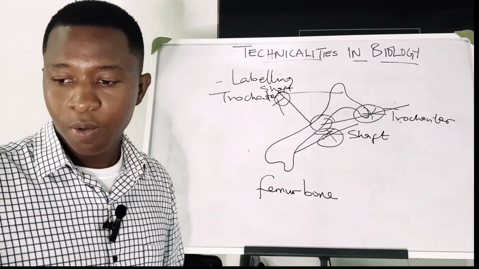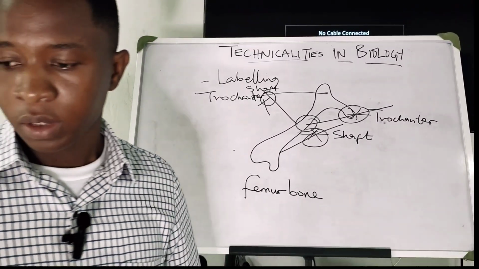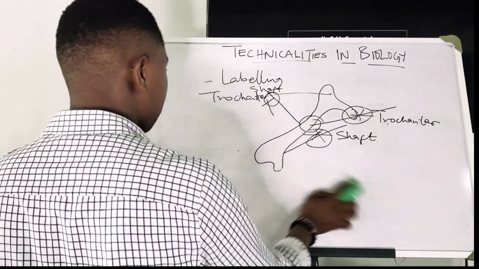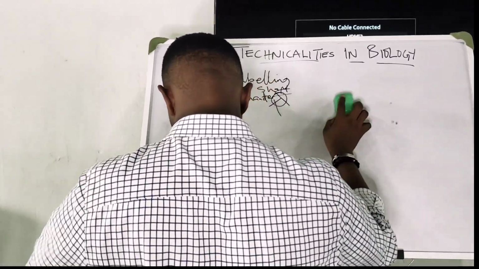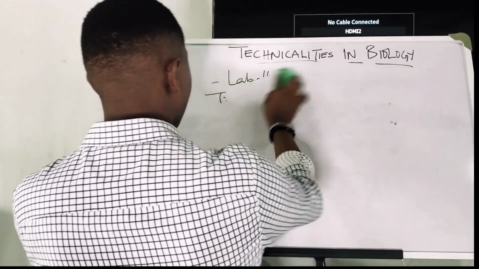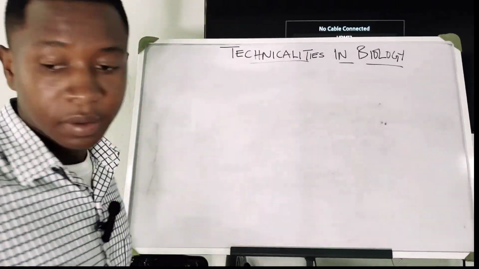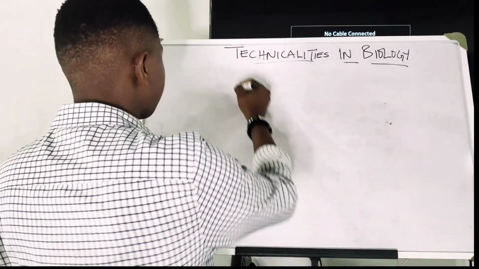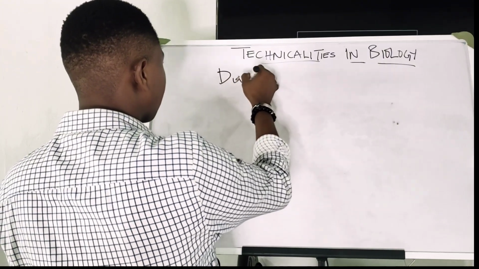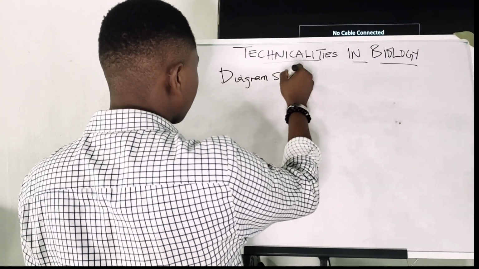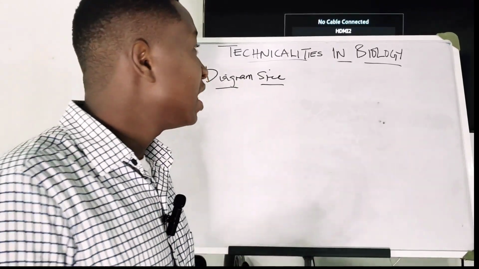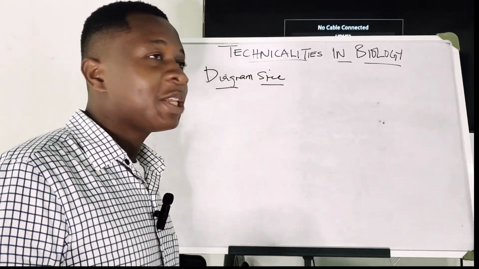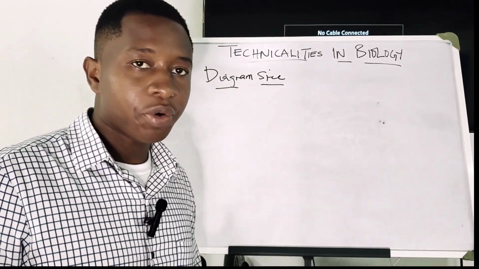Let's look at another one: diagram size, another important technicality. It's important to know how to draw to a given size, especially when they give you a specific diagram to draw in theory.